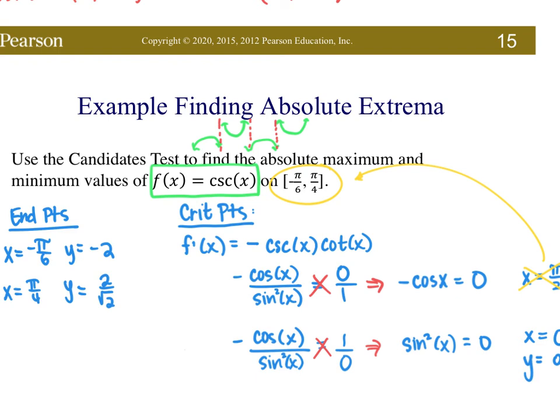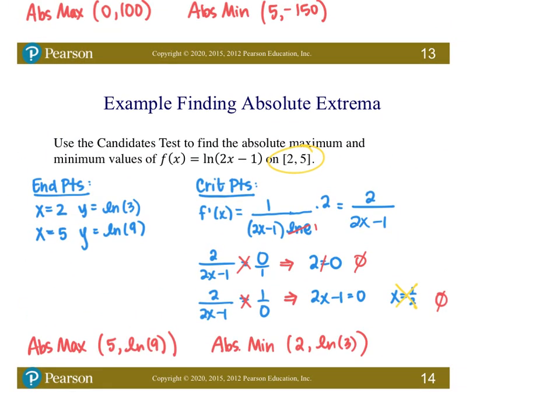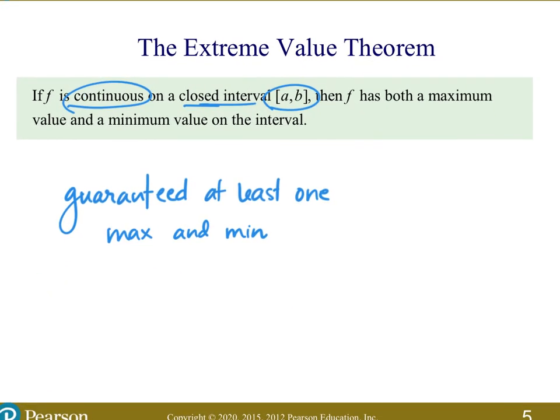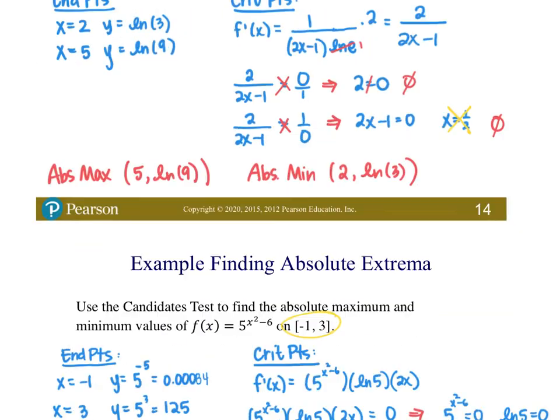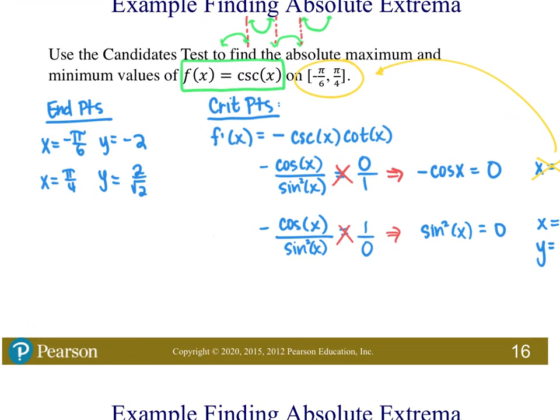It's broken with asymptotes into lots of different pieces. Therefore, if we go back to almost the very beginning slide, it has to be continuous within the interval. Otherwise, you won't have a max or a min. And so we answer this question that there is no max or min because cosecant is not continuous.